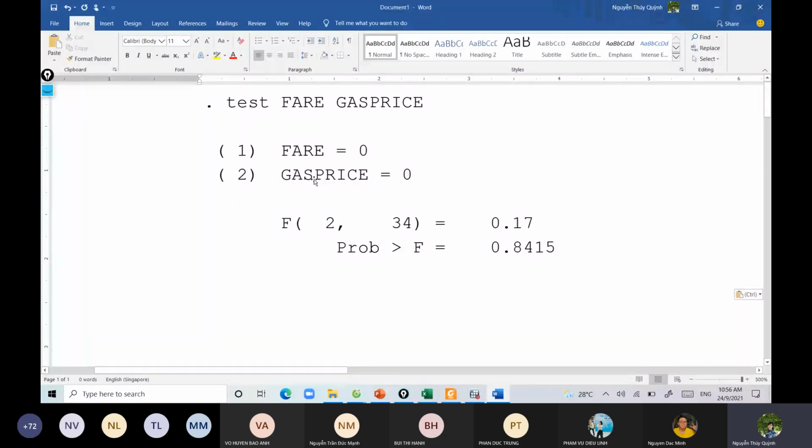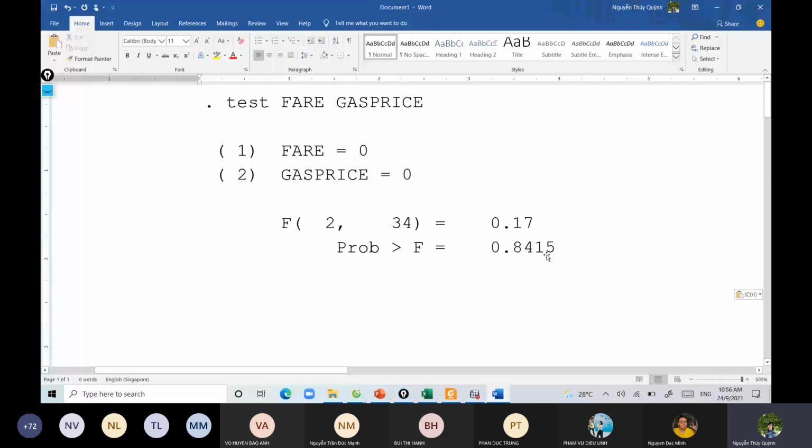Stata has helped us calculate the F statistic. The observed value of F, which is 0.17, is the same as we calculated by using the R² of the two models. Also, the probability associated with this observed value of F is 0.8415, which is a very high number.